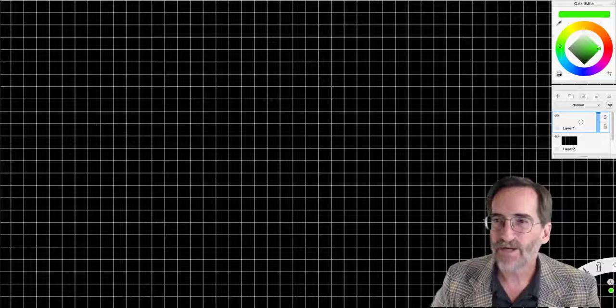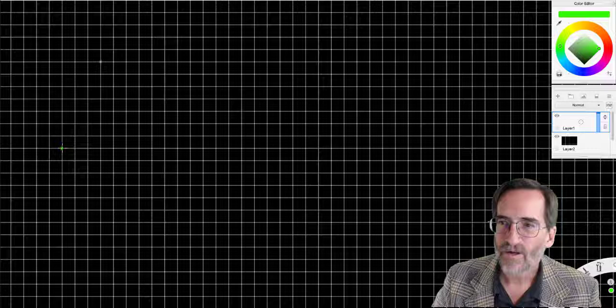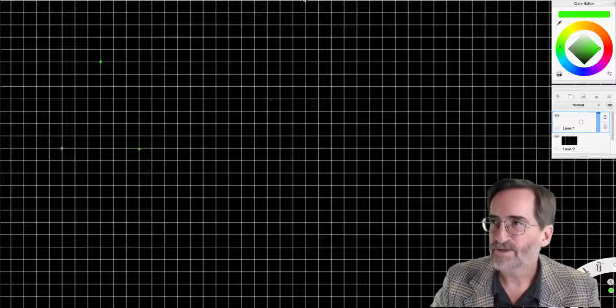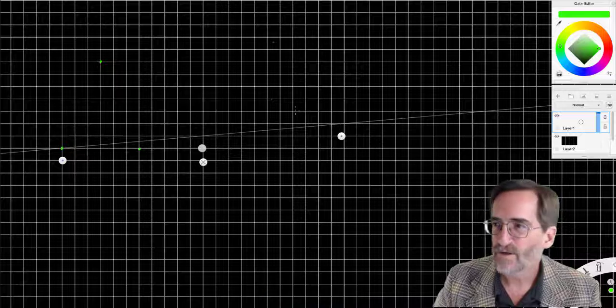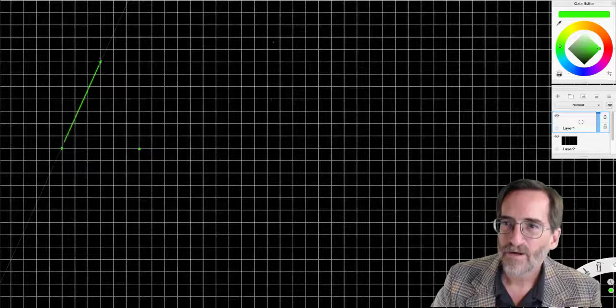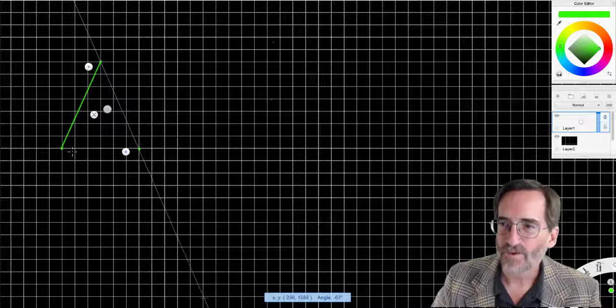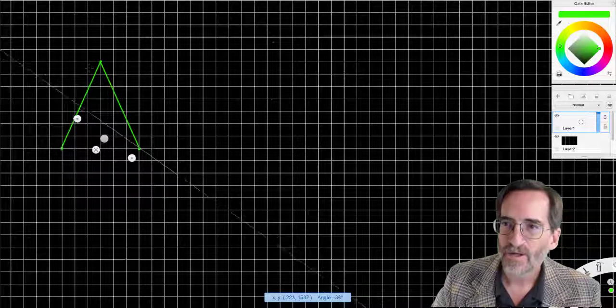Let's say we've got two triangles that overlap like this. Okay, and so we've got one triangle here. And actually, I'm drawing both triangles simultaneously. It'll become a little more apparent what I'm doing here in a moment.